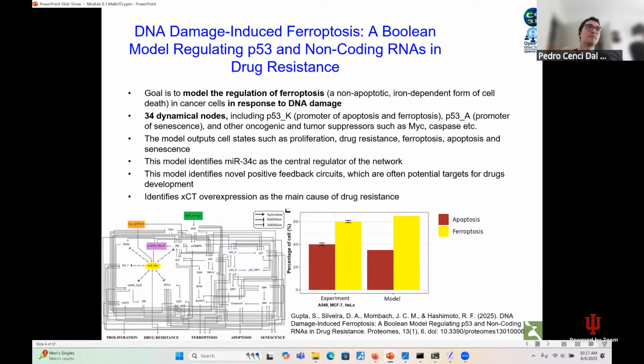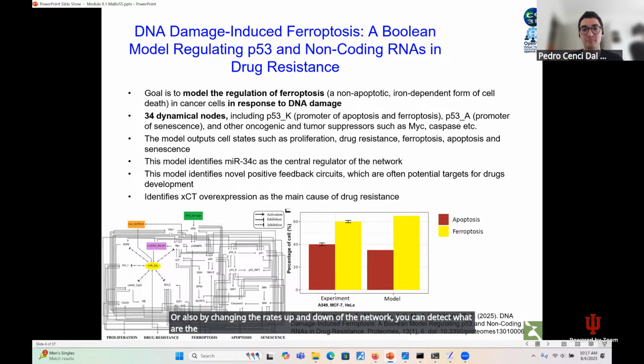But what are the key discoveries that you can achieve with such a model? So here they identify a key node, a central regulator of the network. By simulating knockouts, you can detect what are the nodes that have most impact on the network behavior, or also by changing the rates up and down of the network, you can detect what are the nodes that have most impact on the behavior of the network.